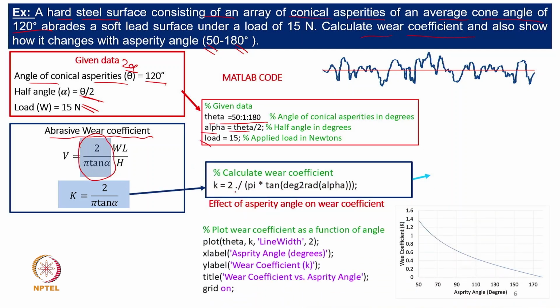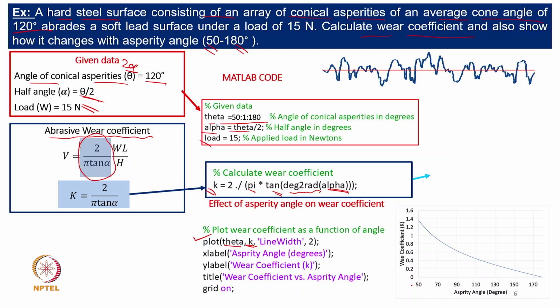Now we give the expression for k in terms of pi, and tan alpha, and since we are giving the angle in degrees, we convert degrees to radians. If we had alpha available in radians, we would directly substitute to calculate the results. After that, we plot k, the wear coefficient, against theta.